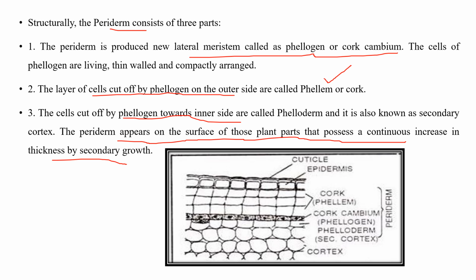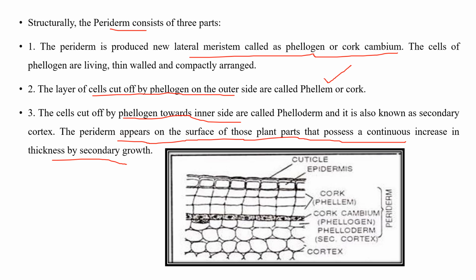So, I have told you one thing, that it is a secondary outer layer of the plant. What is periderm? That means, what is the structure of periderm? It consists of three parts structurally. One is cork cambium. The periderm produces a new lateral meristem called cork cambium. This cork cambium layer divides and forms phellem or cork towards the outside and phelloderm towards the inside.